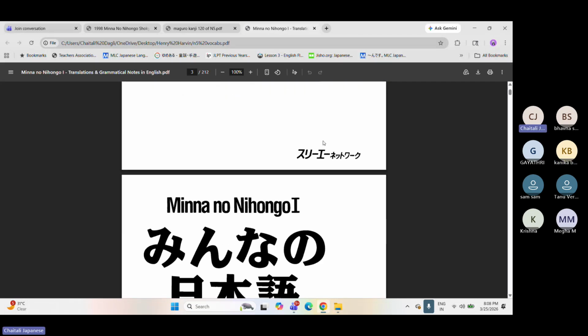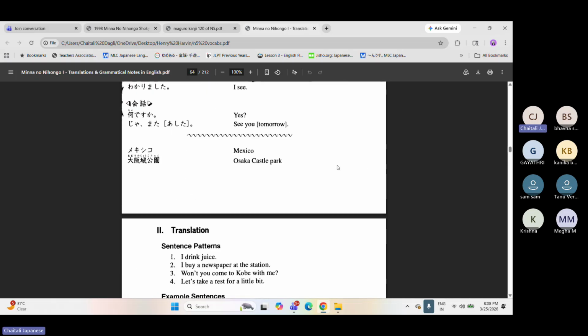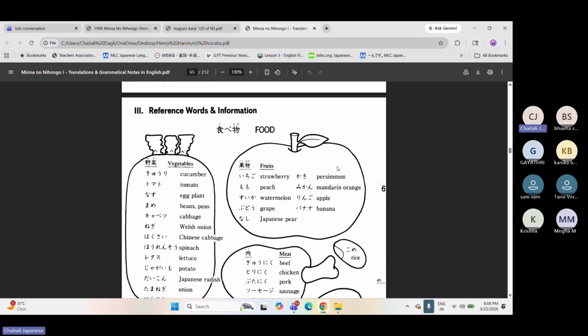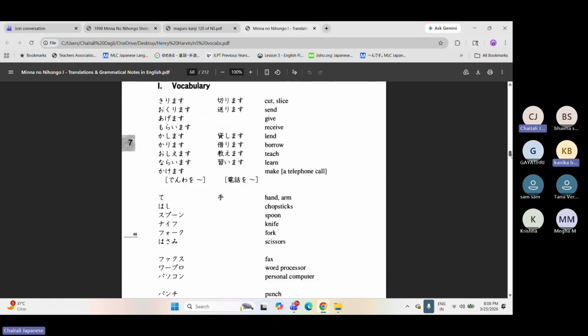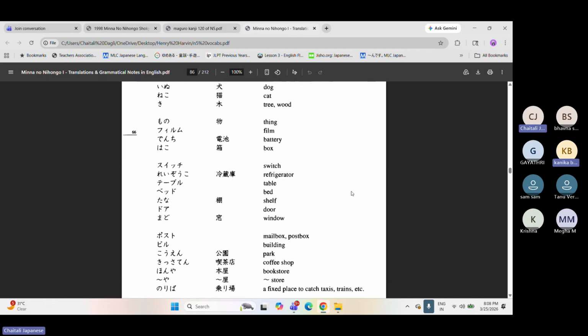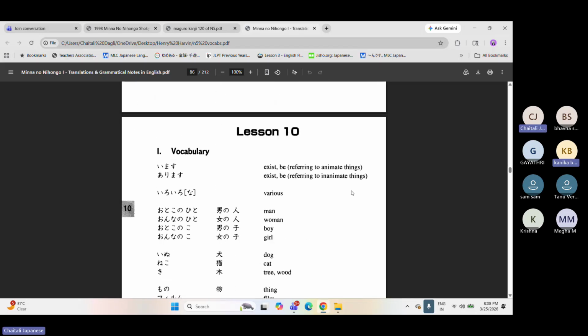The particle wo you have learned as an action verb marker. It is a little bit more confusing. You will not understand right now unless we do the verb in te form. When we do the verb in te form, then you will understand. Noted, Sensei.